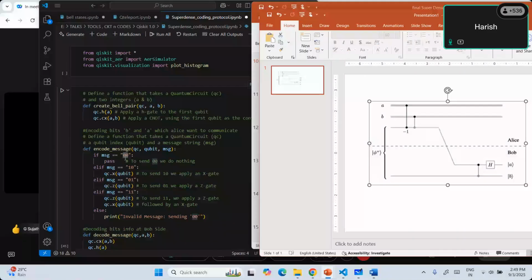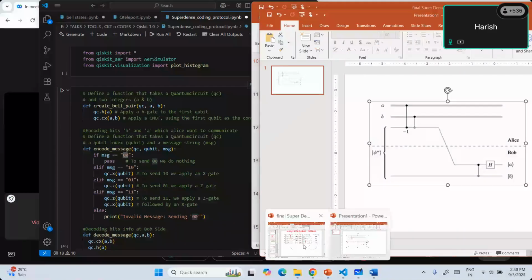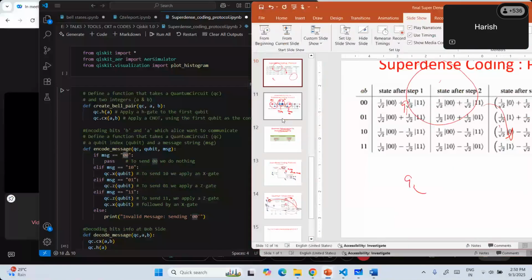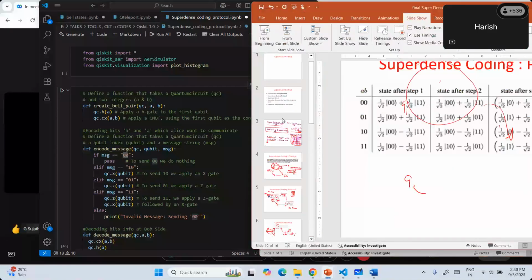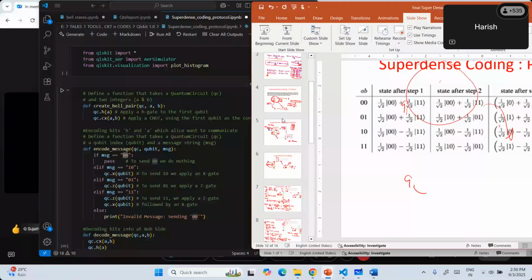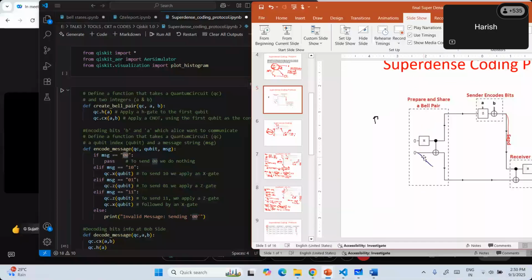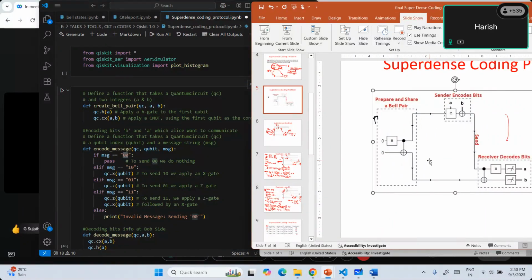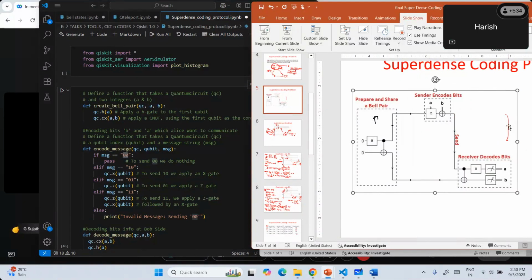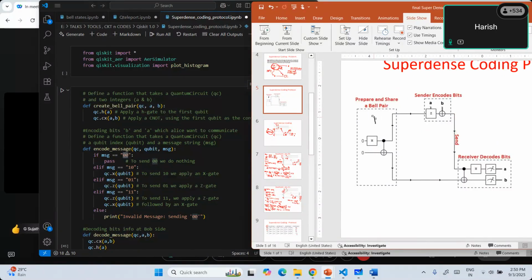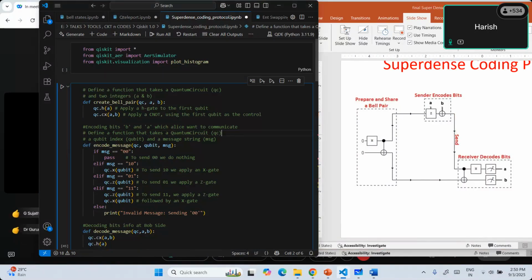You remember the encoding part; this diagram we can use as a reference. So this diagram is visible to everyone. Yes, sir. Perfect. Now I will also zoom in on the code for you.